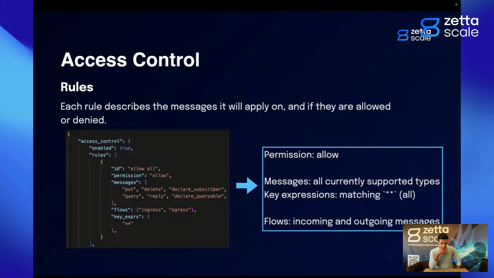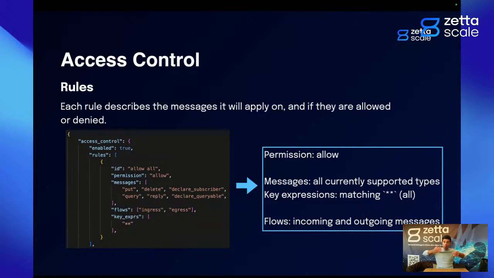Now, in terms of rules, this is how they are structured. If you want to enable access control, you have to say that you're enabling it, and you have to list the rules. A rule has an ID, a permission, which could be allow or deny, and a list of messages. Are you allowing put, delete, declare for subscriber or for queryable, query, or reply? Perhaps I don't want the declare subscriber getting out of given boundaries, or I don't want anybody in the rest of the system to know about the queryable I'm exposing.